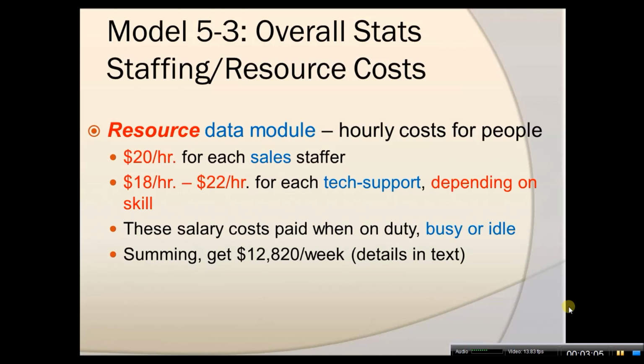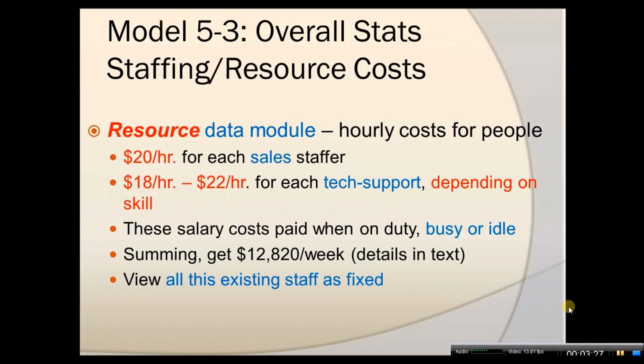And so if we sum those up, together these costs would be $12,820 per week. If you want to check, you can see more details in the ARENA textbook on how to compute that.